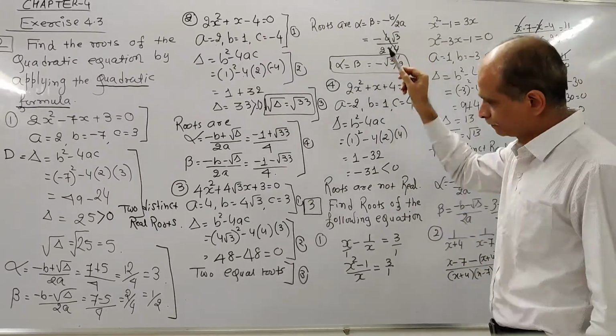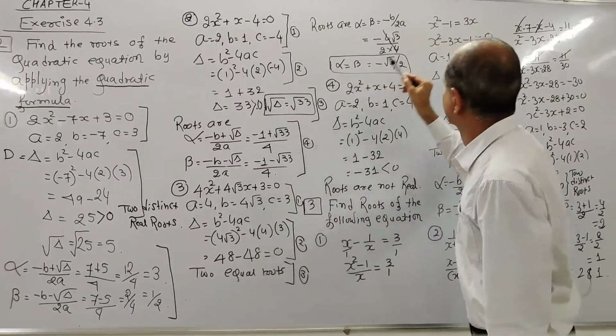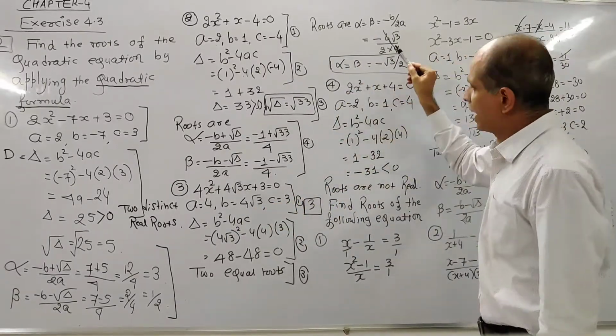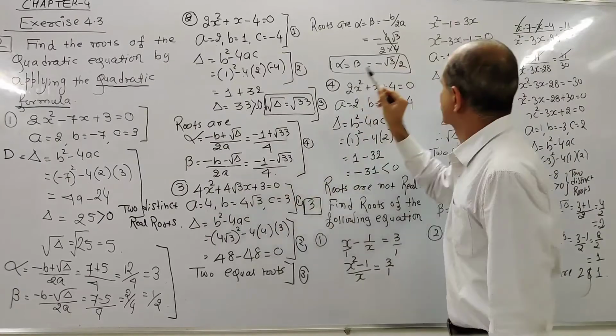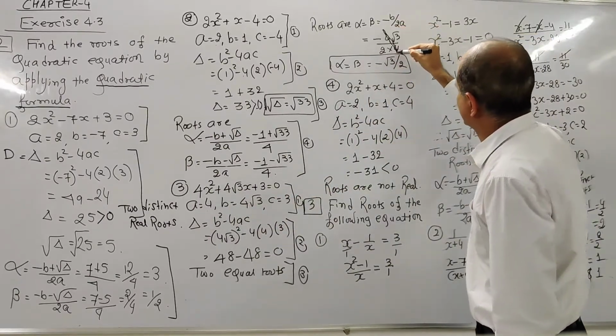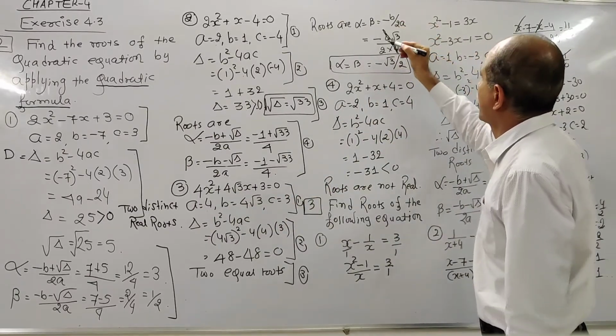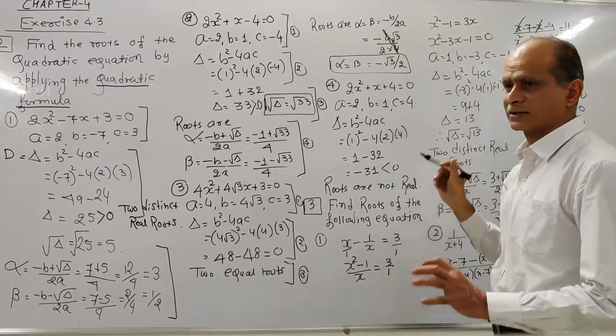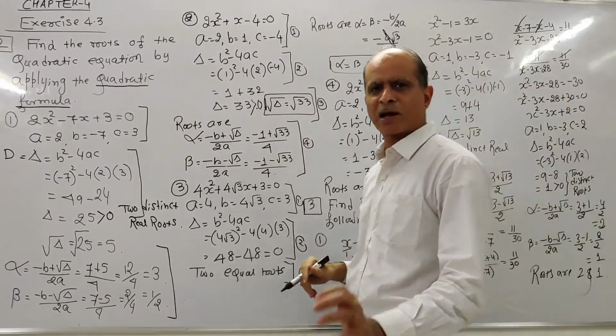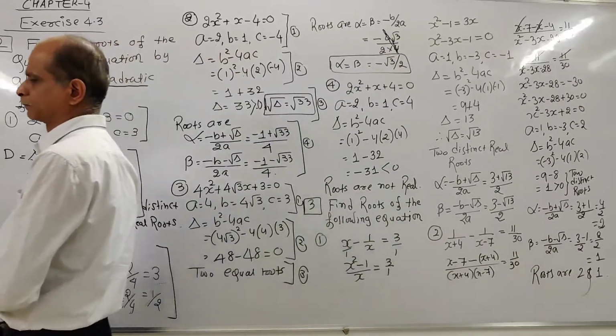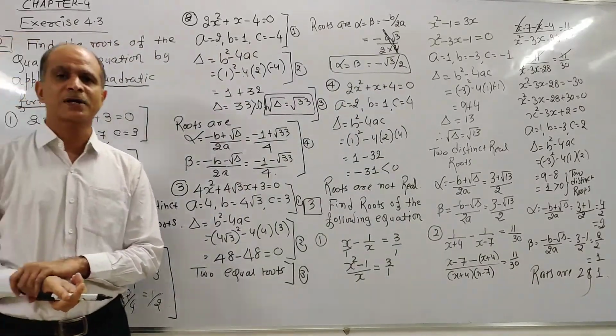So minus b means 4 root 3 by 2 and a means 4. So 2 into 4, you can cancel this 4. So root 3 by 2, minus root 3 by 2 is your answer. So roots are minus root 3 by 2. 2 equal roots are there.